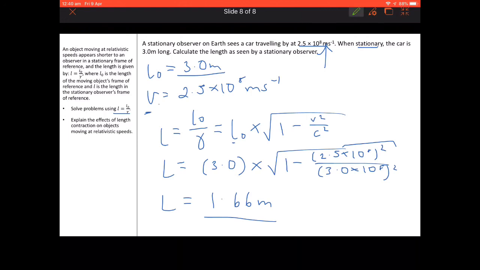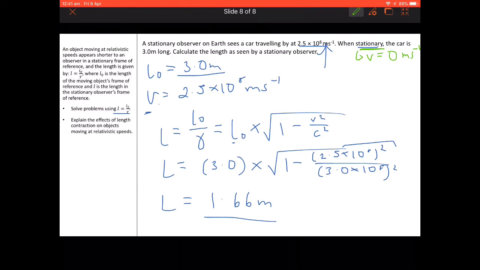So for example, with this one here, even though it says when the car is stationary, so you might think that it's for the stationary reference frame, this is actually talking about the velocity of the vehicle being 0 metres per second in its own reference frame, and in its own reference frame the length is always going to be 3 metres, so this car, if it could think, would always perceive itself as being 3 metres long.